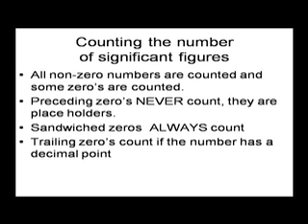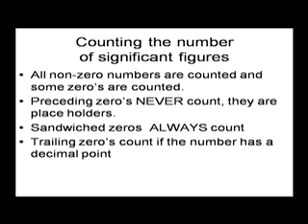In order to know which zeros are significant, we're going to have to classify the zeros. There are 3 kinds of zeros. There are preceding zeros, those in front, way to the left, before any number other than 0 appears. And there are sandwich zeros, zeros that are in between 2 numbers, and trailing zeros, zeros that are at the end of a number and have no number following it.